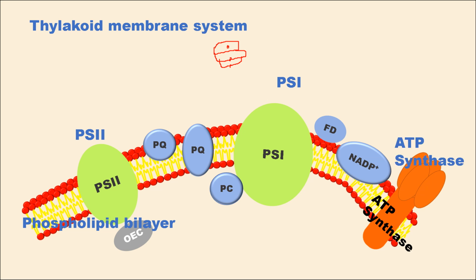Additionally, it has the enzyme ATP synthase which produces ATP, and we will discuss this biochemical reaction in another section. The thylakoid membrane also has electron carrier proteins such as PQ, PC. You don't need to remember these specific names, just keep in mind that they are electron carrier proteins.